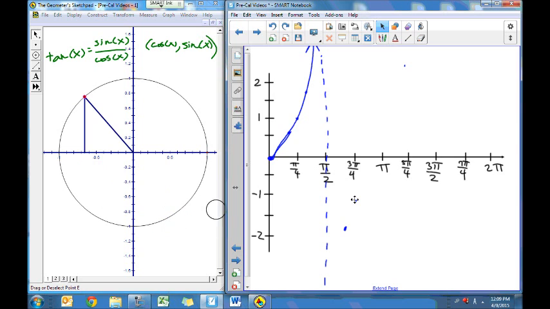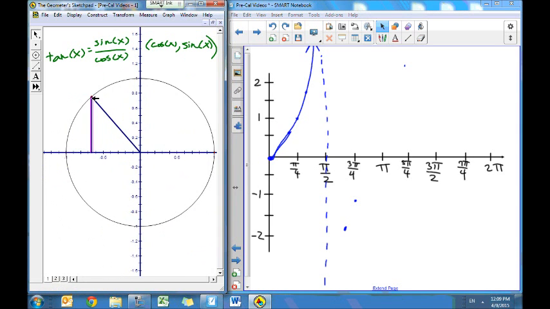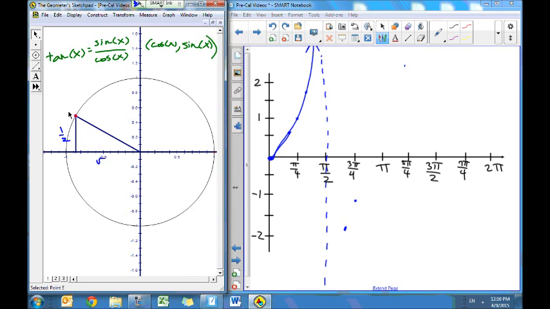Okay, and if I keep going, there it is. This is 5 pi sixths. This is 1/2 and negative root 3 over 2. So 1/2 divided by negative root 3 over 2 is a negative 0.577.